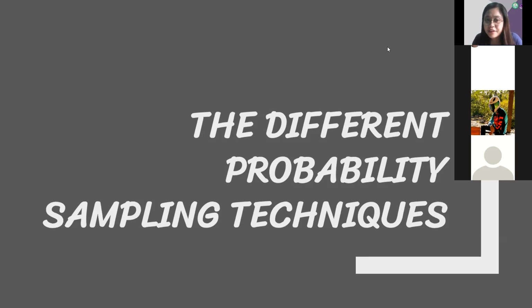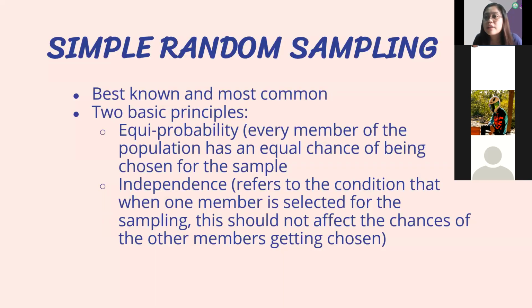Let's start with the probability sampling techniques. We have specific probability sampling techniques, of which the most common is the so-called simple random sampling. This is the best known and the most common, and we follow two principles here.